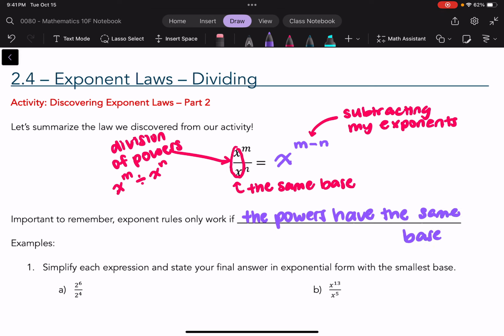If they do not, then that cancellation that we see when we do repeated multiplication doesn't take place. So we need to have powers with identical bases for this shortcut to work.